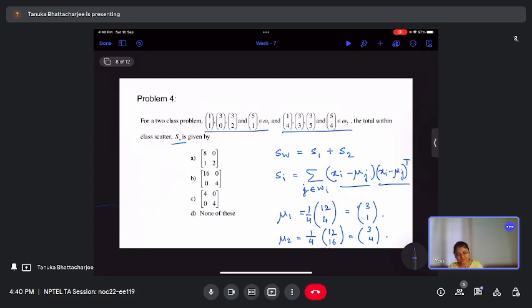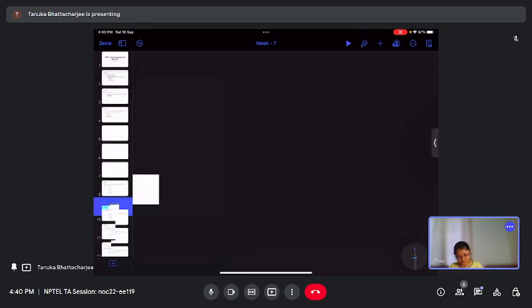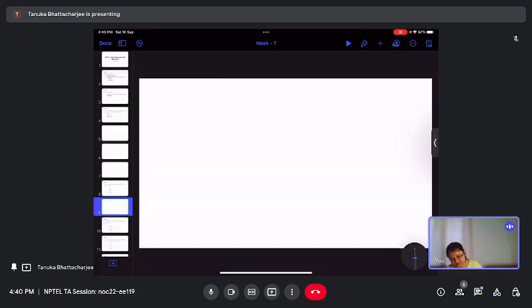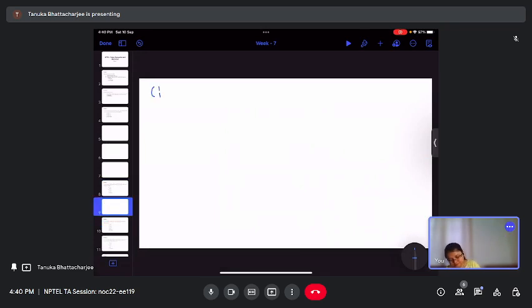So, for the first class, these are the 4 vectors of class omega 1.